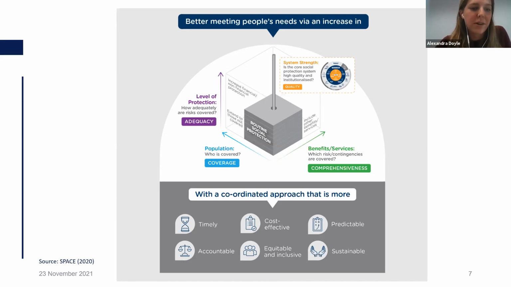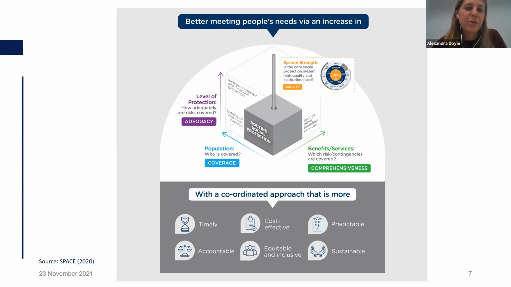implementing responses that were accountable, so being transparent and clear, responses that were equitable and inclusive, ensuring that no one is left behind, and especially those that are most vulnerable and often least connected to formal systems. And ideally implementing these responses in a manner that is sustainable.